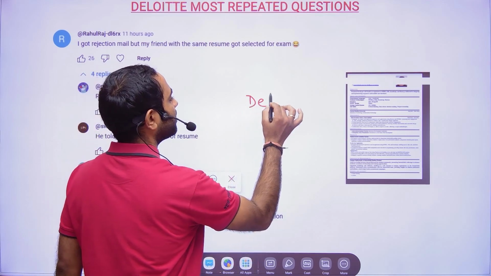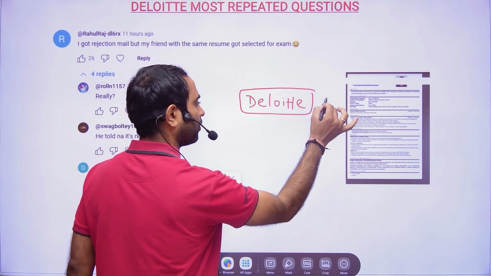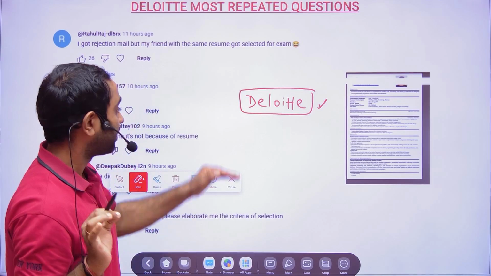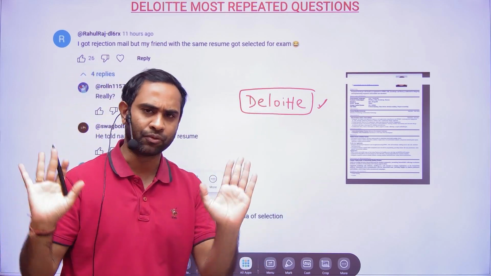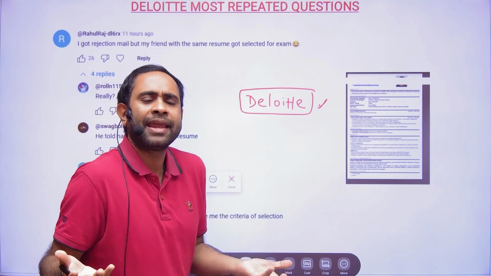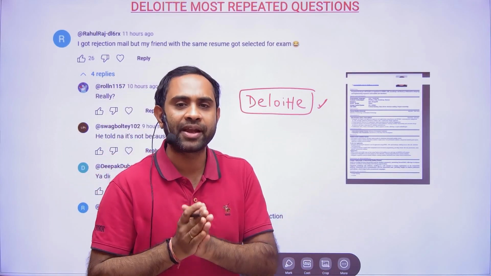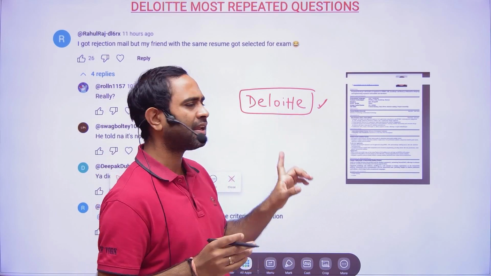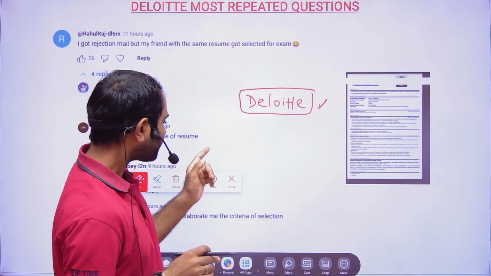Deloitte only said that this is the resume format which you have to follow. Deloitte released that resume format, and that link is also there. I can put it in the description.